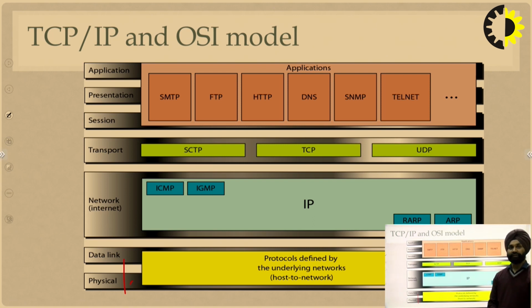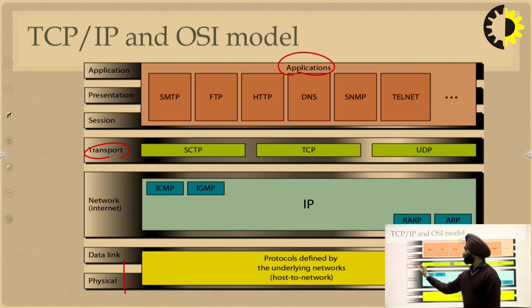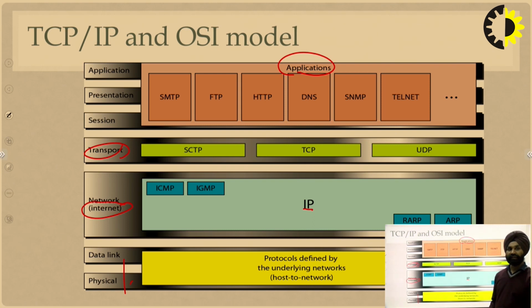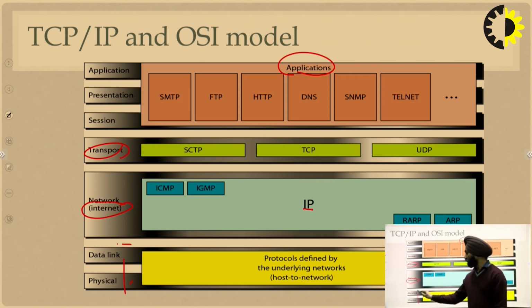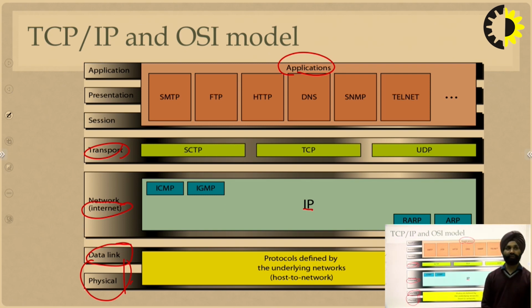The 4 layers of TCP/IP are the application layer, then the transport layer, then the IP layer or internet layer, and the 4th layer is the host to network layer, which covers the data link layer and the physical layer. So these are the 4 layers in which TCP/IP divides the whole network.